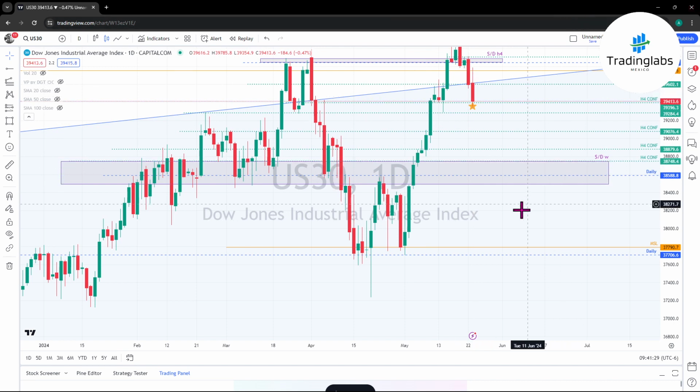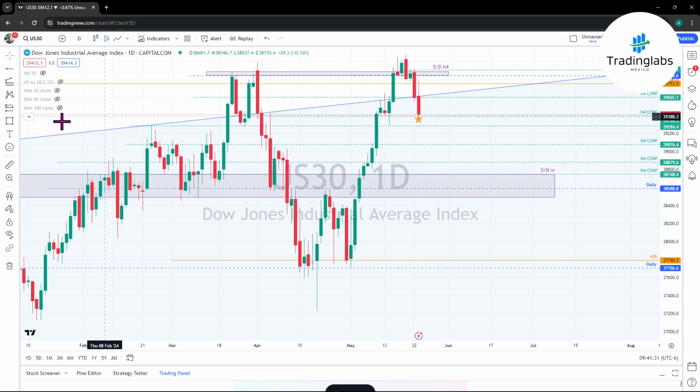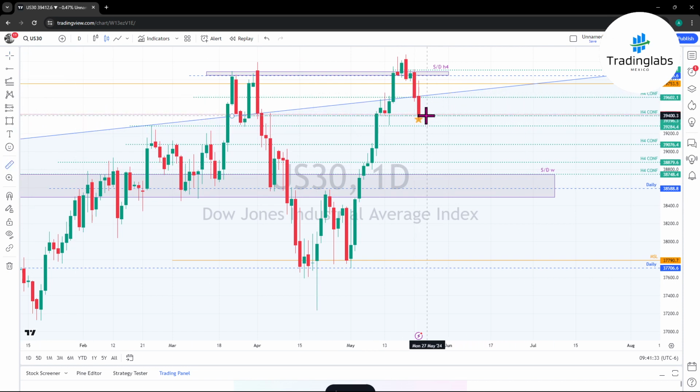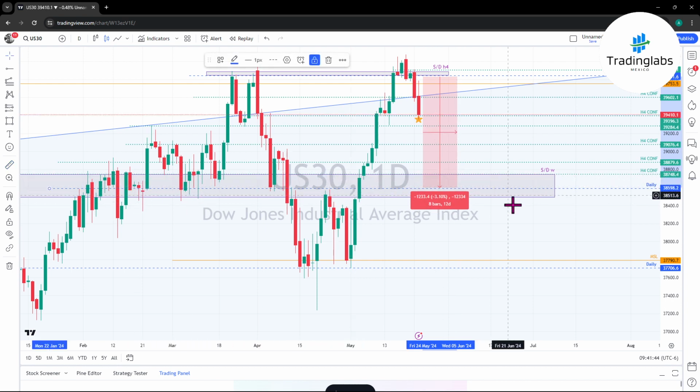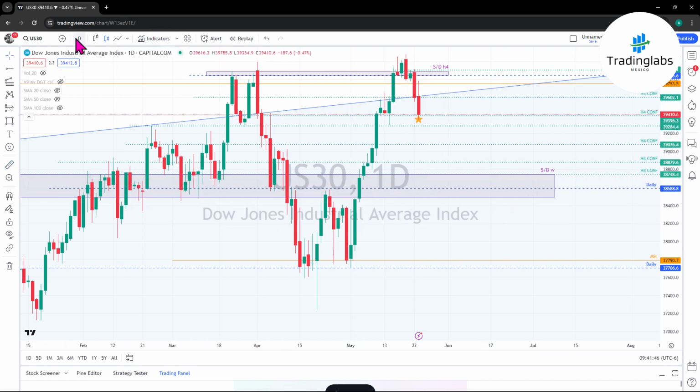So even though the market is dropping, maybe the market wants to. Well, we already know what it did: it reached that Fibonacci extension, but maybe it wants to go down to retest this area. Maybe, I don't know.